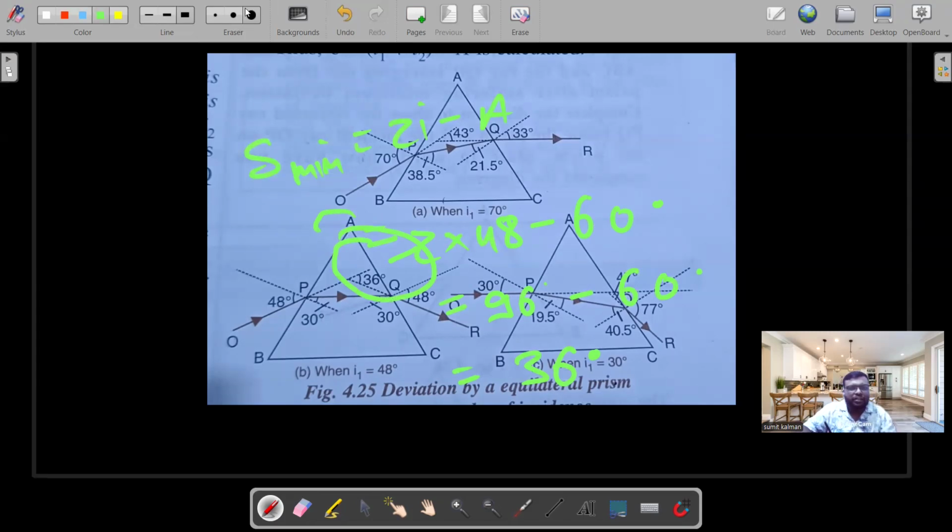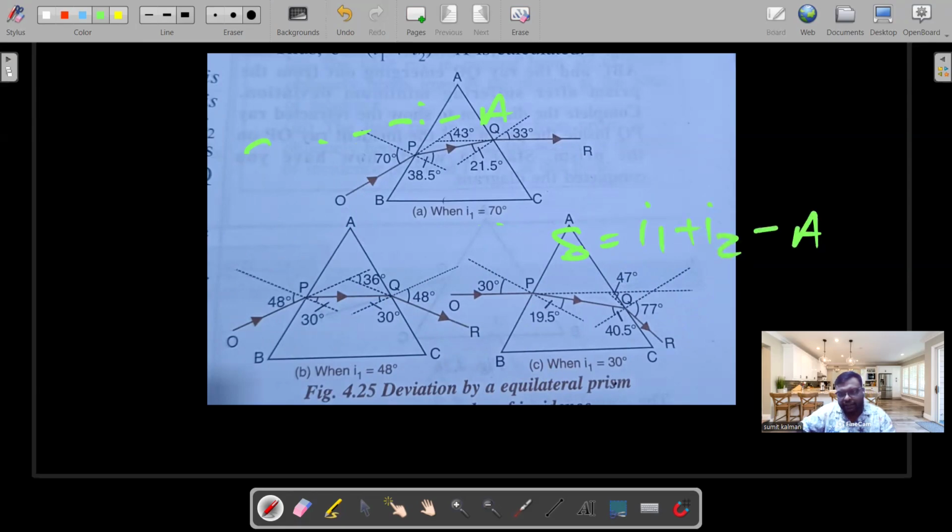And you can calculate deviation in figure A and C also from the formula, that is deviation is equal to I1 plus I2 minus A. So here angle of incidence and angle of emergence are given in A and C both.